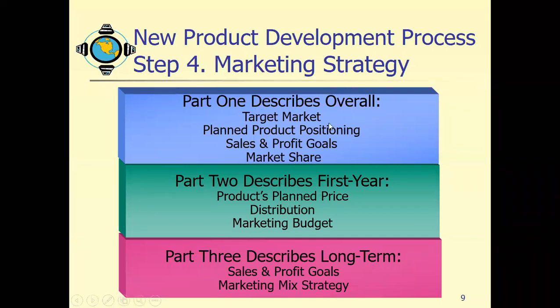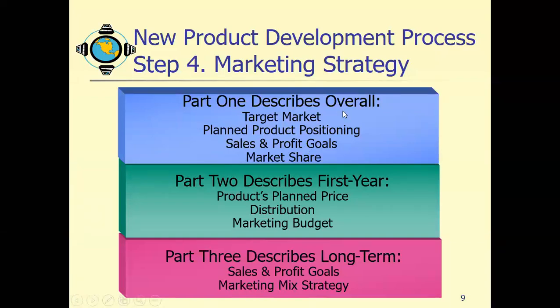First part of the strategy can be describing your overall target market. Okay, overall market, who has the potentiality to buy this car, this product. So you have to set your target market to whom you will sell your product.